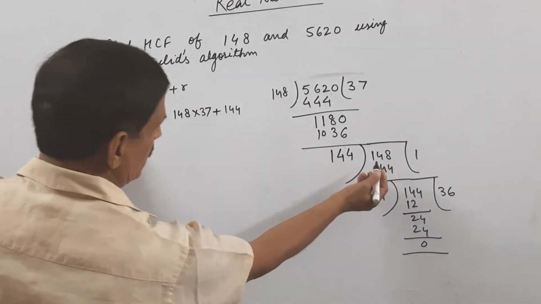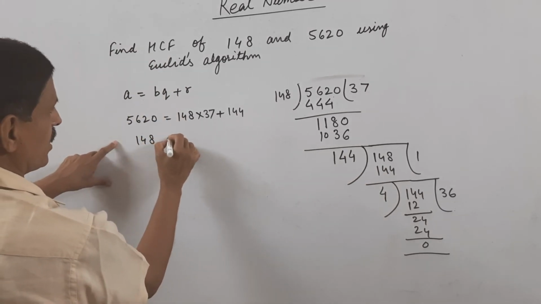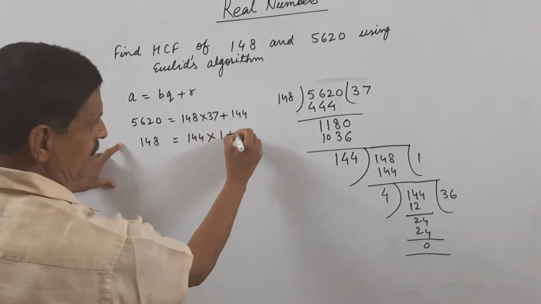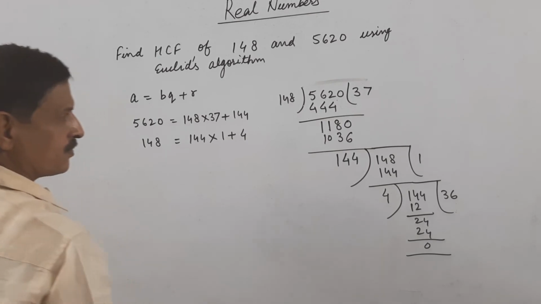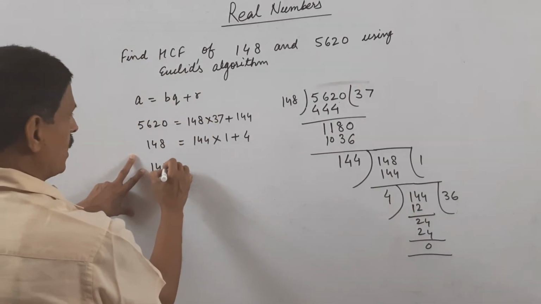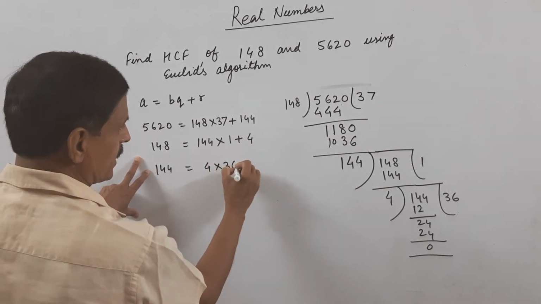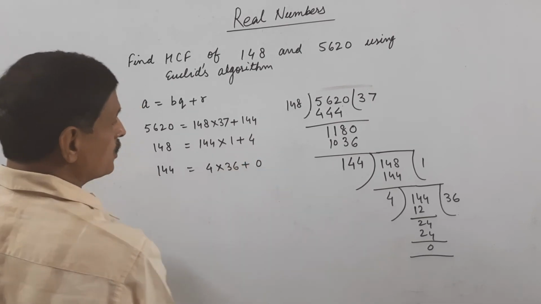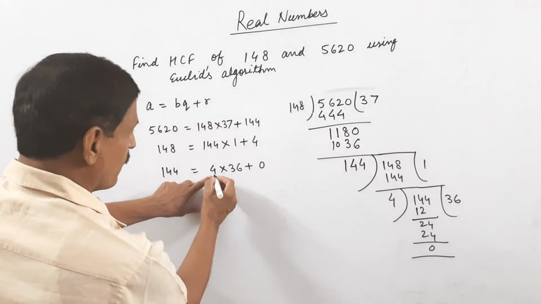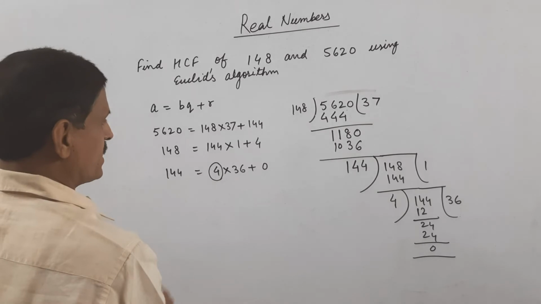In the next step, this is the dividend and this is divisor. So 148 may be written as 144 into 1 plus remainder 4. In the next step, 144 may be written as 4 into 36 and remainder is 0. When the remainder is 0, the divisor in this step, that is 4, is HCF.